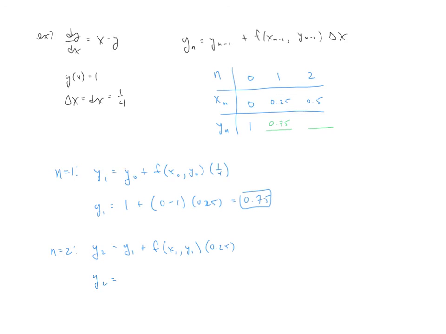My y sub 1 was found in the previous step as 0.75. There's my y sub 1, my y sub n, my 1, 0.75. And then we need the function evaluated at this number and this number, x sub 1 and y sub 1. So that's going to end up giving us a 0.25 minus 0.75, followed by the 0.25 at the end.